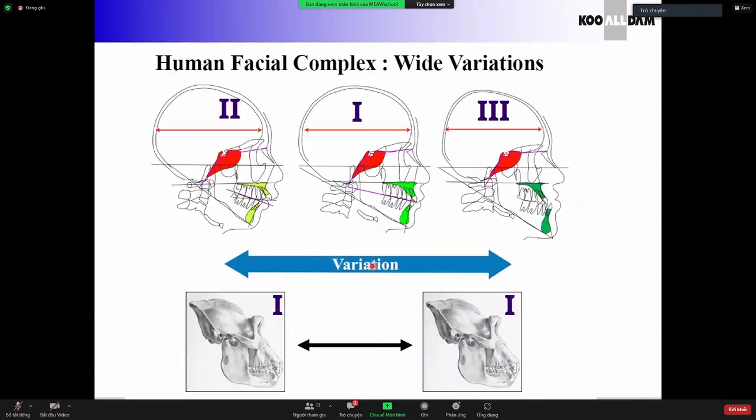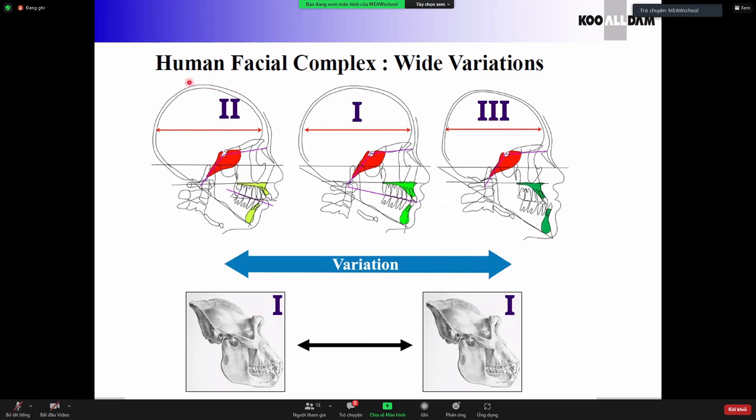And which factor may affect the condyle change? This is a primate, and you can see that there is no class 2 and class 3 malocclusion, only class 1. However, in human, we can see class 2, class 1, and class 3 profile and malocclusion.